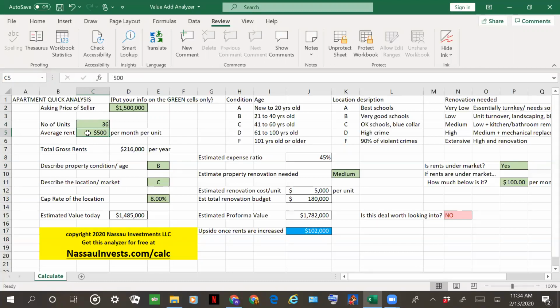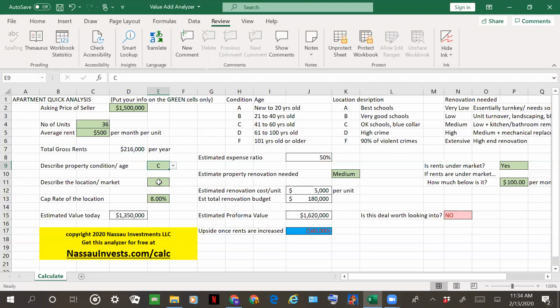Then you need to know the age of the building, because the age of the building will influence what the estimated expense ratio will be. For example, for this particular deal, if the building is between 41 to 60 years old, so it's a C building, notice what happens with the expense ratio. It increases by 5%, from 45% to 50%.